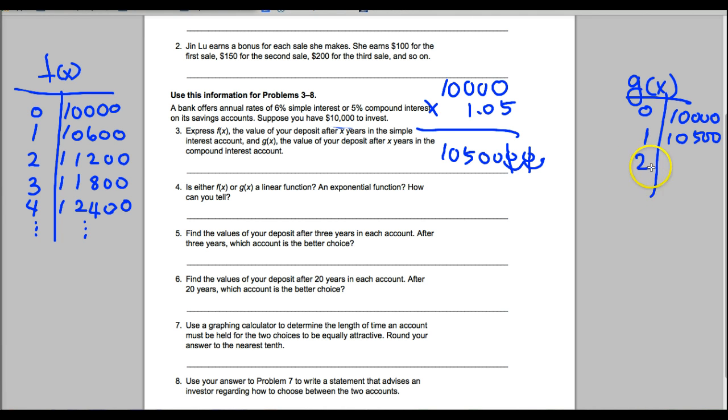Because in year 2, what we're going to do is multiply the 10,500 by another 1.05. Okay? And so, of course, it would be so much better if I could just use the calculator, right? So I will do that. Let's go into Desmos.